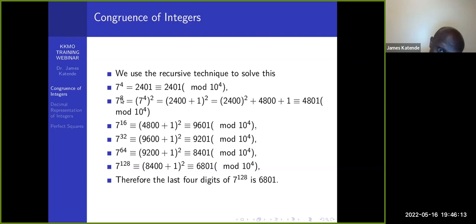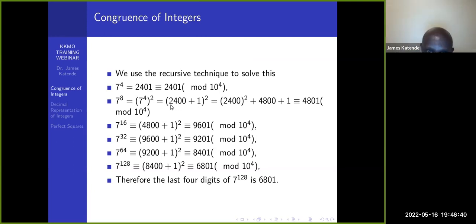If you raise this to 8, it means you raise both sides to 2, and you also raise this to 2. You don't lose the congruence. Remember the property that we looked at earlier? When you raise both sides to 2, you end up with this, and you need the remainder when divided by 10 raised to 4.